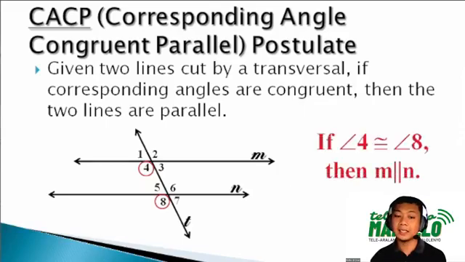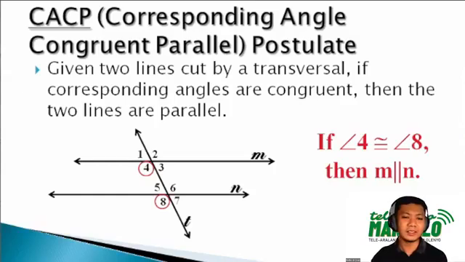We can state that if angle 4 is congruent to angle 8, then line M and line N are parallel to each other. Again, if angle 4 is congruent to angle 8, then line M is parallel to line N.